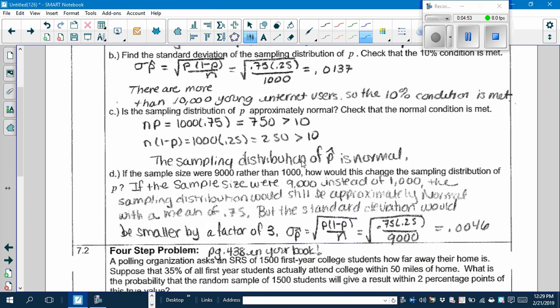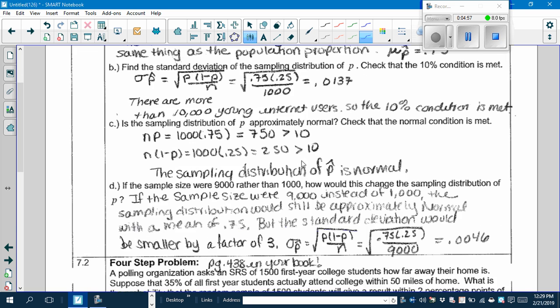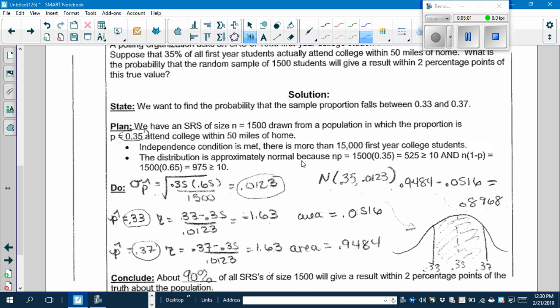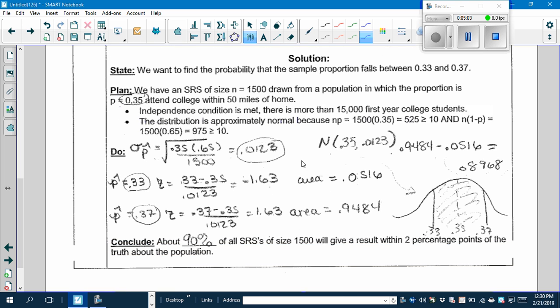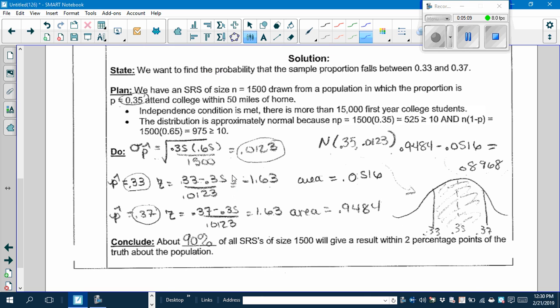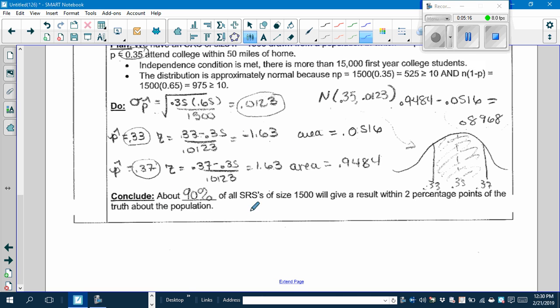Make sure you read through these kinds of problems. You're going to have to calculate the mean and standard deviation with a proportion and the probability. And then you're going to also have to do that with means. So that's from section 7.3. It's very important that you understand how to do these.